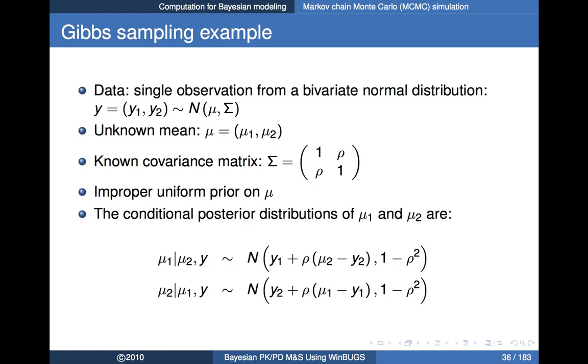So let's make that more concrete and do a specific, fairly simple example. Let's take a case where our data is a single observation from a bivariate normal distribution. In other words, our y is going to be a pair of numbers, y1 and y2, that come from a bivariate normal distribution.